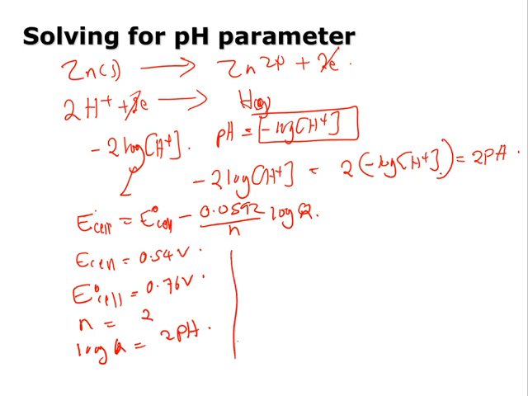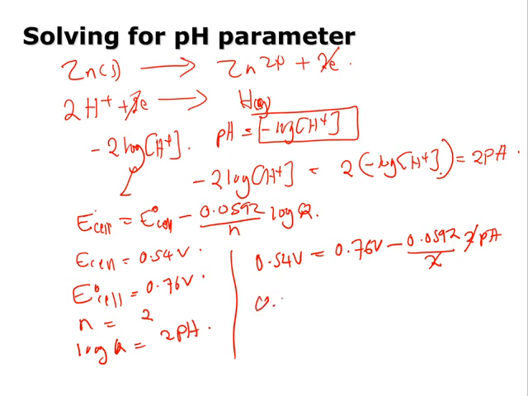Let's write the next equation. So from here we have 0.54 volts equals 0.76 volts minus 0.0592 divided by 2 times 2 pH. So this 2 and this 2 will cancel.